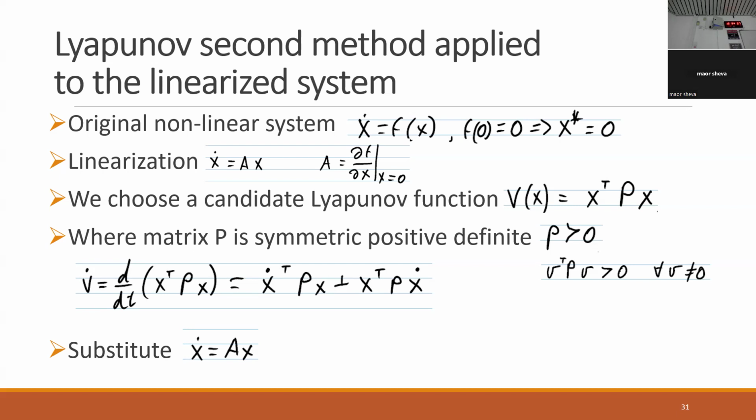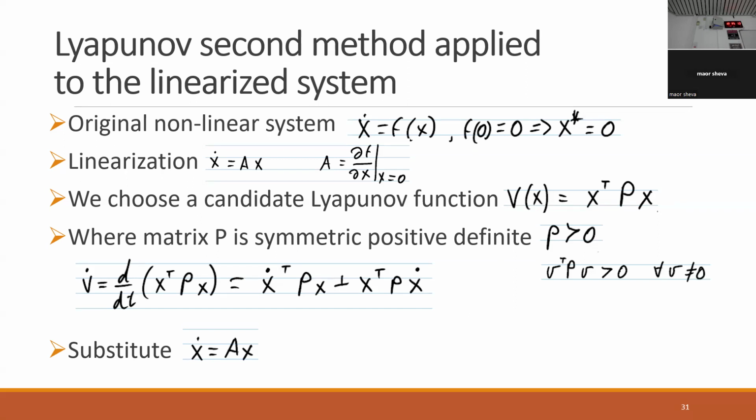It means that all its eigenvalues are strictly positive. And if all its eigenvalues are positive, then we denote this with this kind of sign. It's like greater than, but rounded, because it's a matrix, not a scalar. It's P matrix greater than 0.